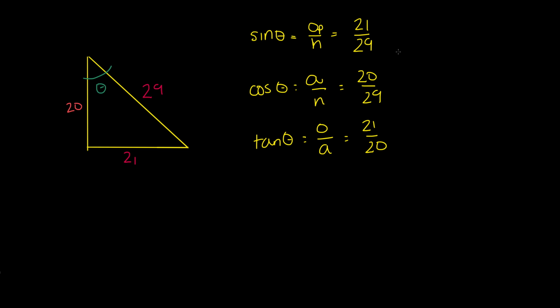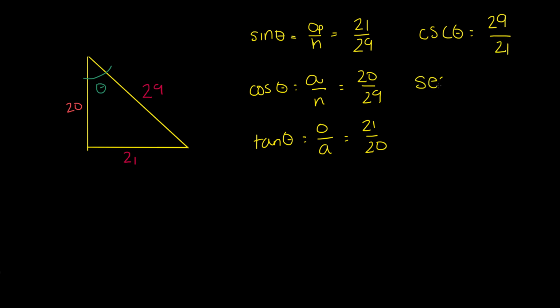Okay. Now the cosecant, CSC of theta, is going to equal 1 over, or the reciprocal of, the sine of theta, so 29 over 21.